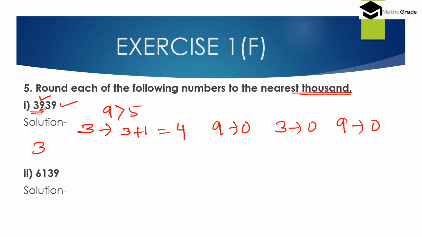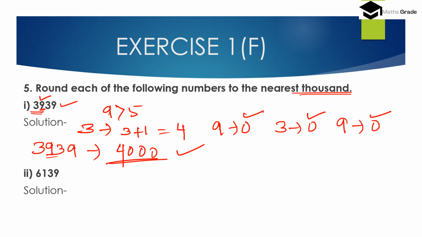Now 3939 rounded to the nearest 1000 is 4000.